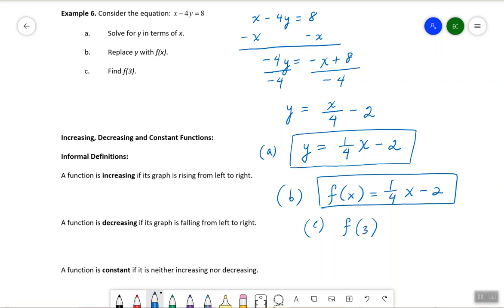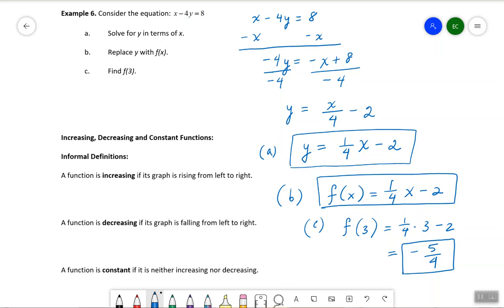So x gets replaced by 3, and we have 1/4 times 3 minus 2, which is, what is that? 3/4 minus 8/4 would be negative 5/4. And we're all done. Okay, so that should take care of function notation for now.